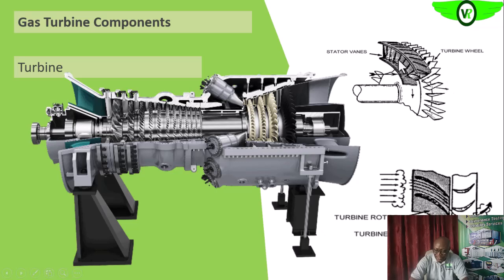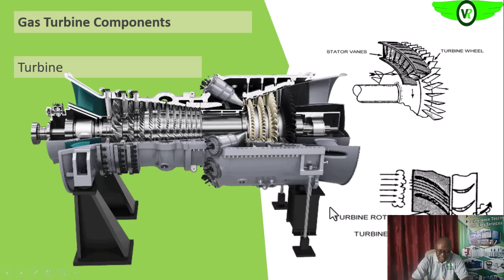The jet of air that comes in is directed towards the rotor blades, impinges on the blade, and forces them to turn. Then the reaction force will also help to increase the speed at which the turbine rotor is turning.